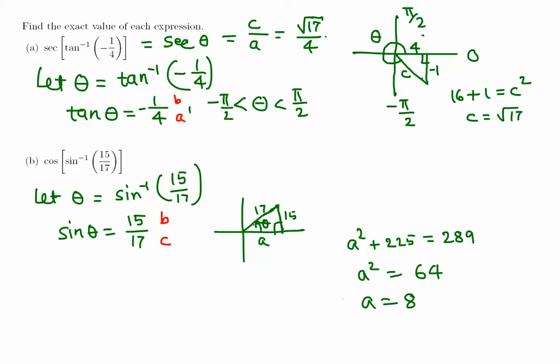Now we have all three sides. The question was cosine of this sine inverse, which we assumed to be theta. Cosine of theta from this right triangle is adjacent over hypotenuse, which is 8 over 17.